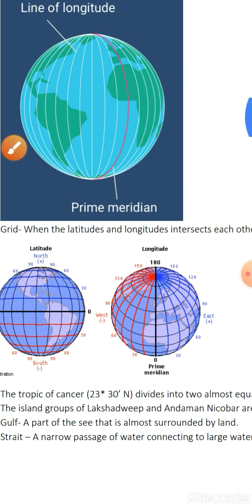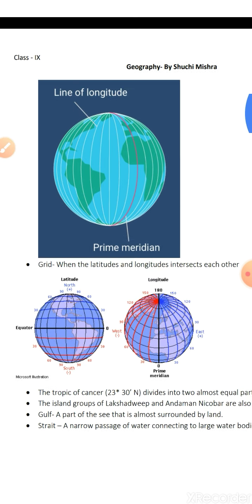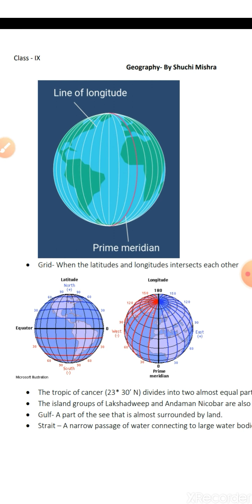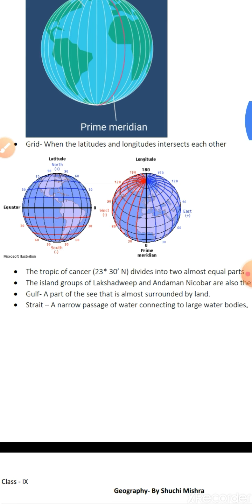This network is known as a grid. And the location where the latitudes intersect with the longitudes becomes the location of that particular person or whatever you want to know.